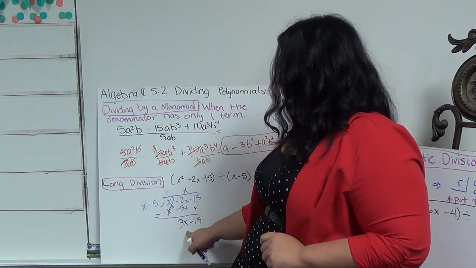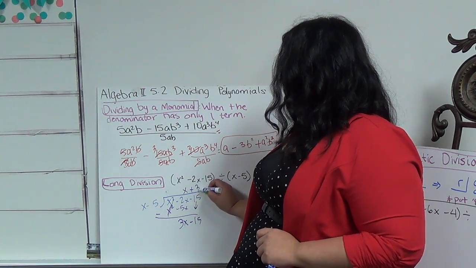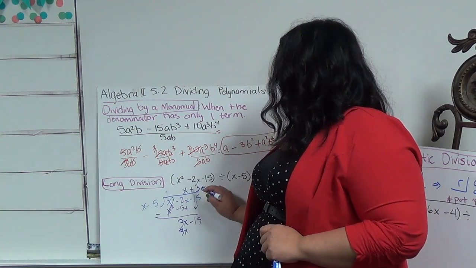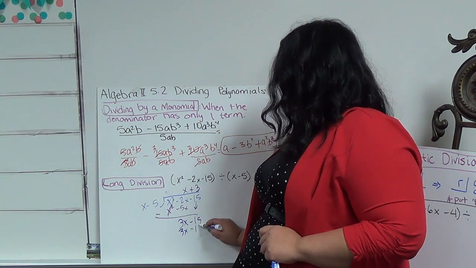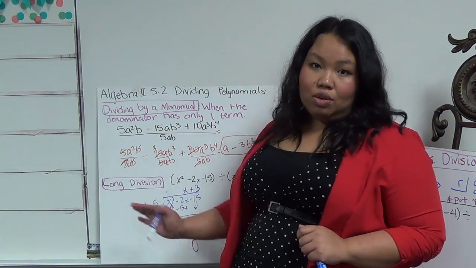Now I do the same thing. X goes into 3x, I have to multiply it by a positive 3, so plus 3. So 3 times x is 3x, 3 times negative 5 is negative 15. I subtract and I end up with 0.